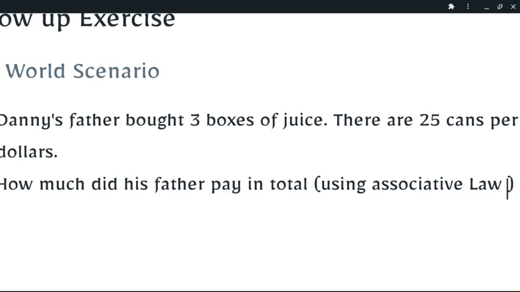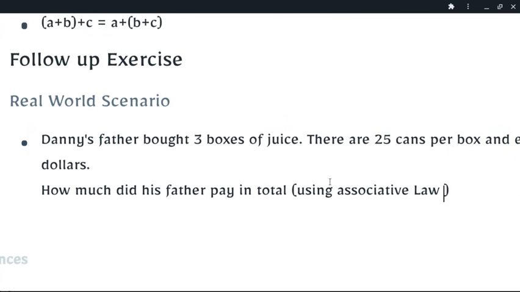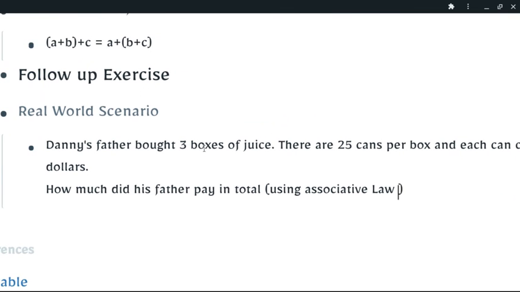Okay, let's break this question down. Let's write down what we know. We know we have 3 boxes, and each box has 25 in there. So what was the word that I said last class that identifies what operation? If we have 25 in each box, how would you find the total amount of cans?